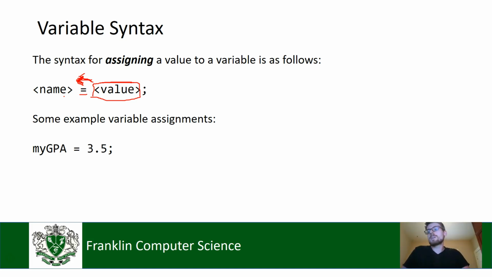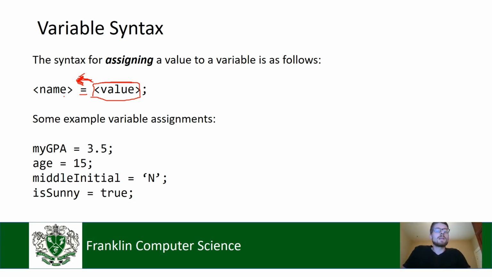If we had those variables declared from earlier, one of them was double myGPA. So you could say myGPA equals 3.5. You could say age equals 15. You could say middleInitial equals n with single quotes around it, single quotes for characters, double quotes for strings. isSunny could be true if it's a nice day out, or false if it wasn't.